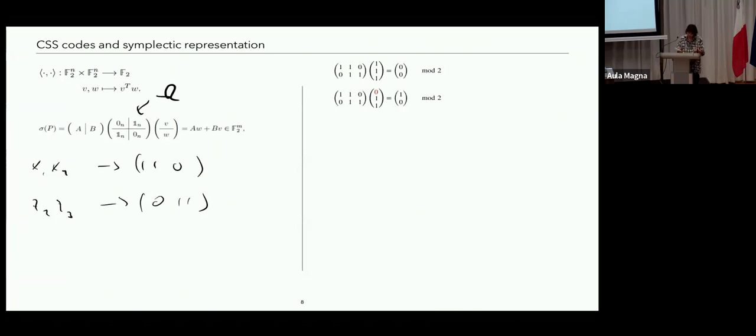So in general, you can write an operator like this. We can concatenate the two strings, the first one that represents the X support and the second one that represents the Z support, and you can write something like this.